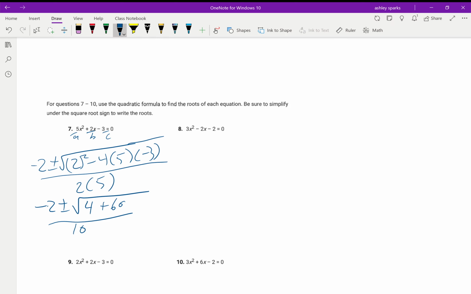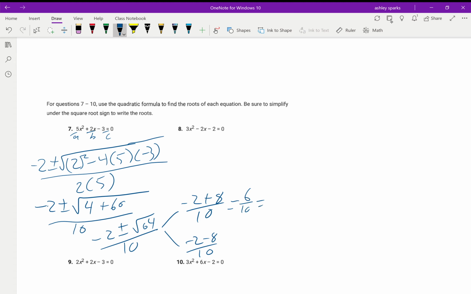We simplify, so we get negative 2 plus or minus the square root of 64 over 10, and this goes 2 ways again. So negative 2 plus 8 over 10, or negative 2 minus 8 over 10. That would give me 6 over 10, or 0.6 if this was a decimal. This would give me negative 10 over 10, which would give me an answer of negative 1.